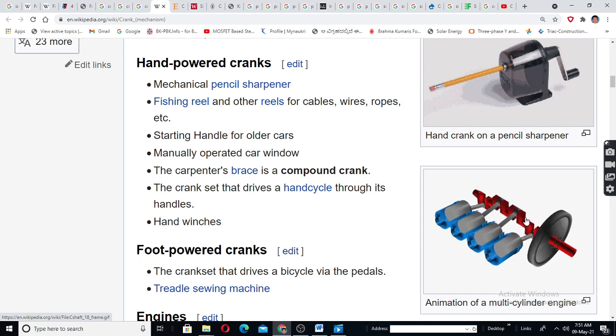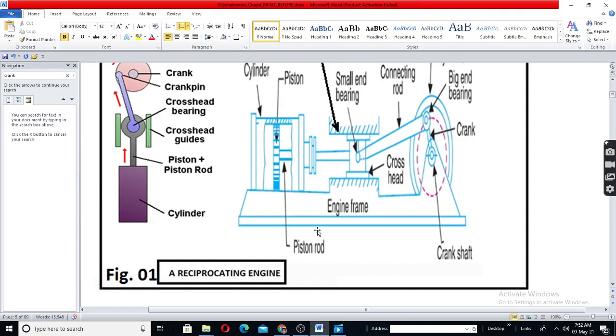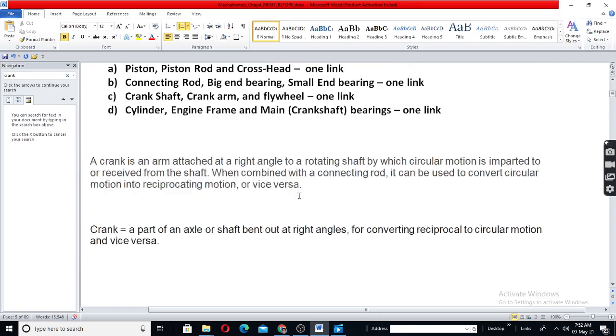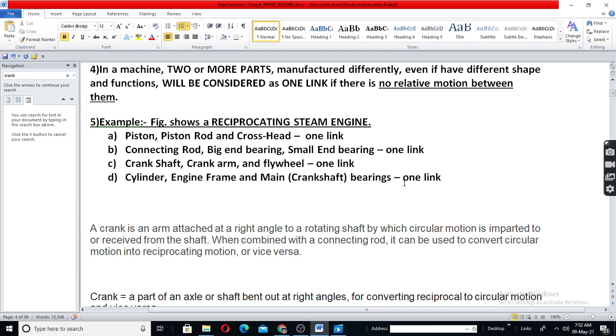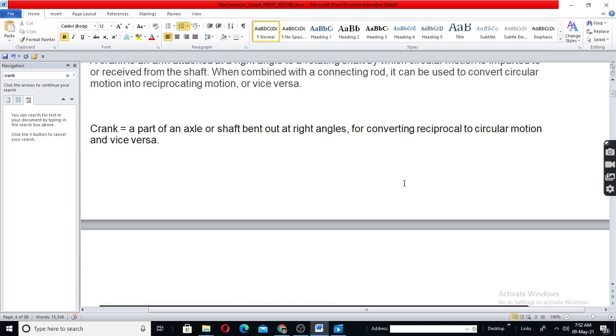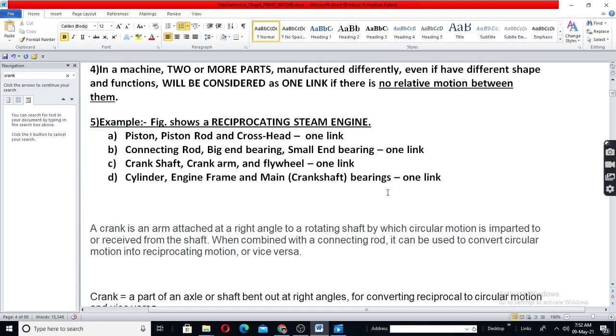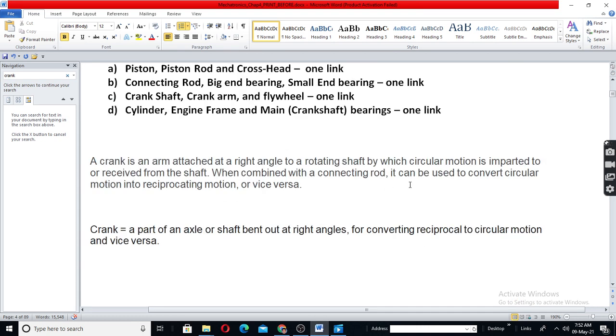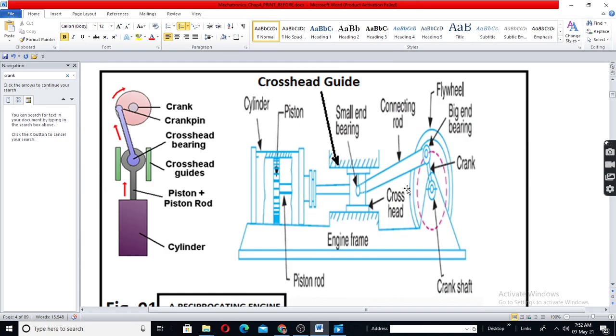This is the crank arm, this red part. Here is the big end bearing, and here in the piston you have the small end bearing. So the main bearings, cylinder and frame act as one link because there is no movement among them. This is how you understand the link. A link is a part which has relative motion with respect to another and has negligible deformation, meaning it should be a resistant body.